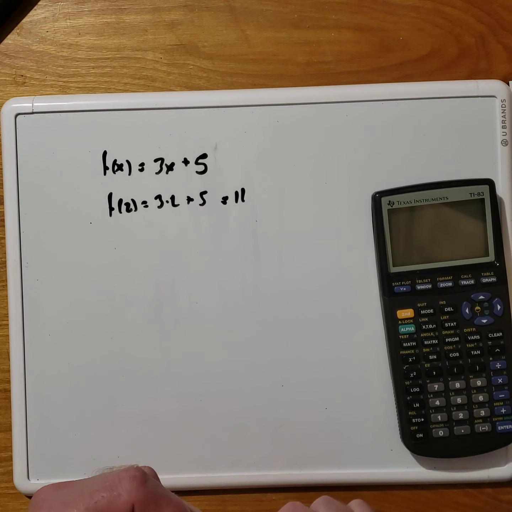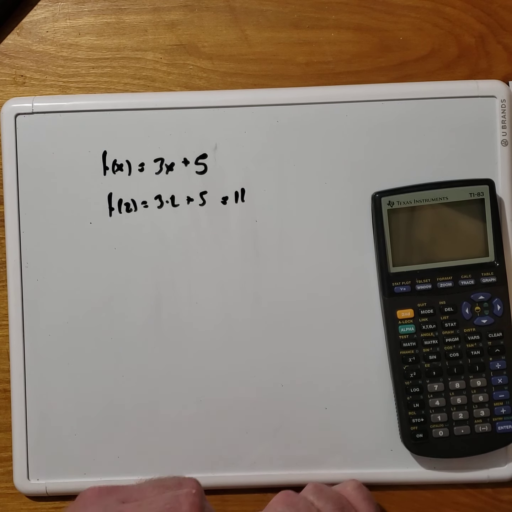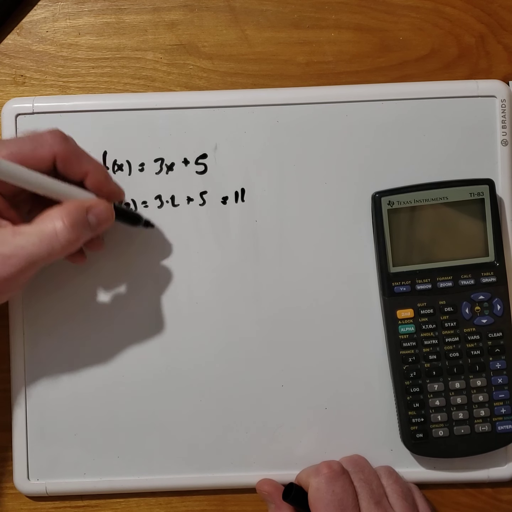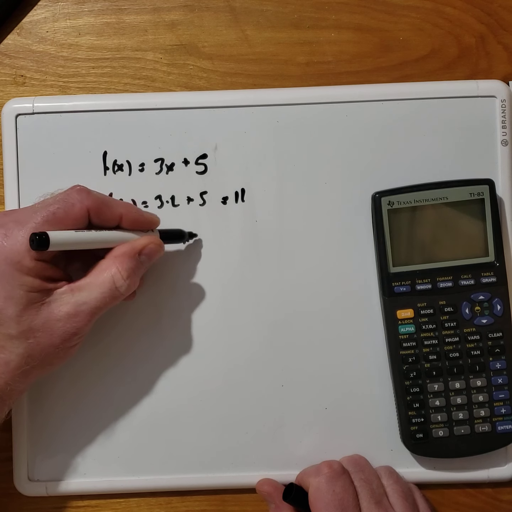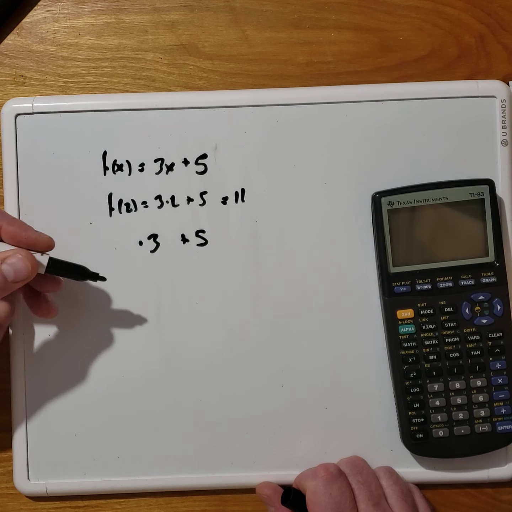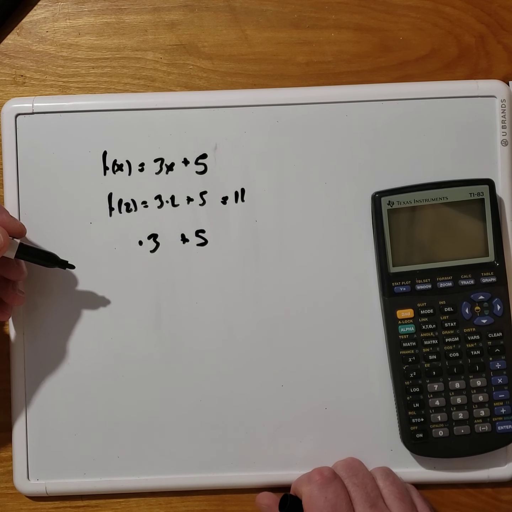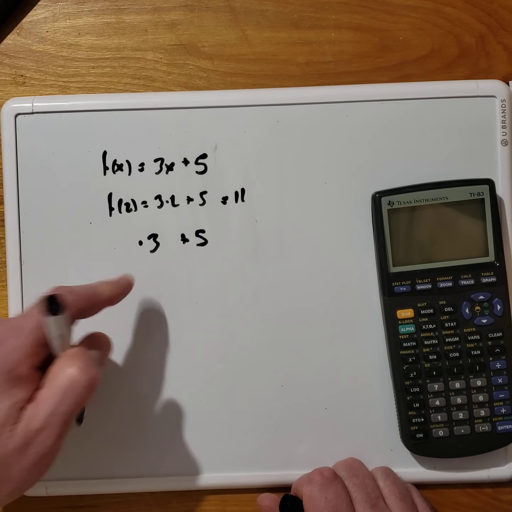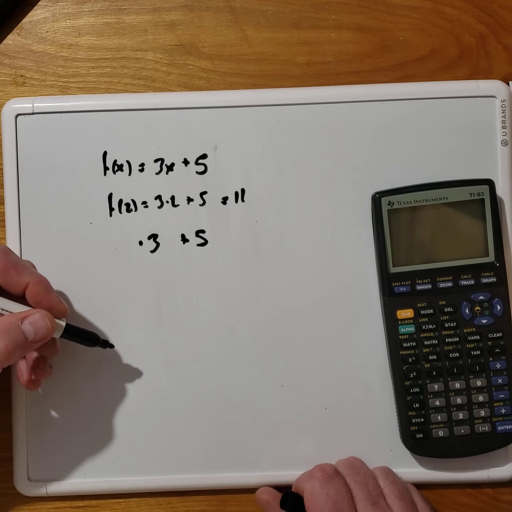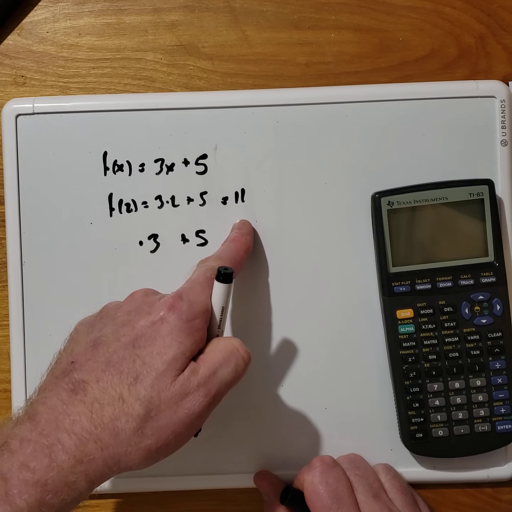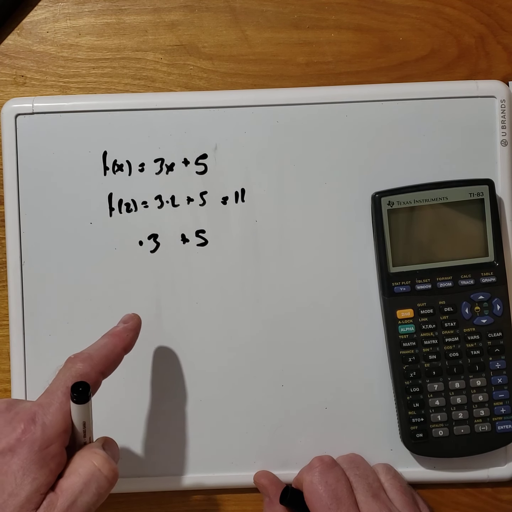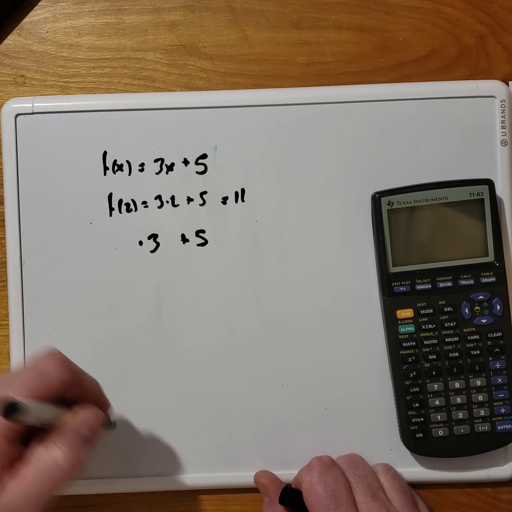Now, to undo this function, you want to think about the operations that you did to the number in the order that they were done. So here, the first thing we did was we multiplied by 3, and then we added 5. If we want to undo this function, we're going to need to undo these operations, but we're going to need to undo them in the opposite order that they were done. So if we want to start with our 11 and get our 2 back, we first need to take off that 5 that we added to it.